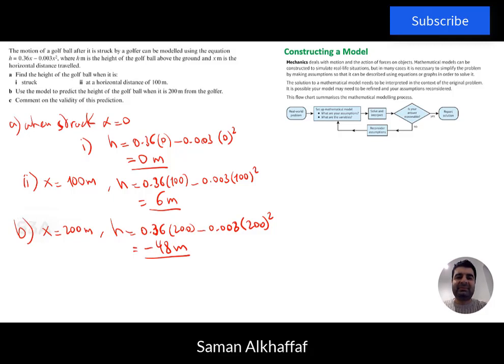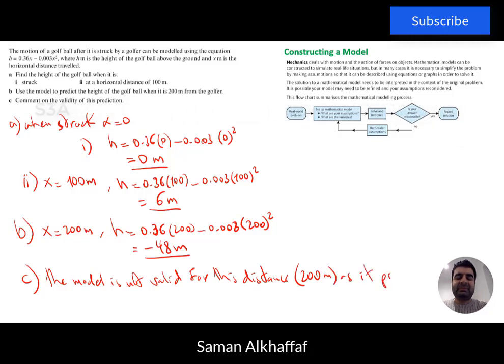So we need to explain this situation, and for part C we need to comment on the validity of this prediction. So we say the model is not valid for this distance, and by this distance we mean the 200 meters, as it predicts the ball would be 48 meters below the ground level.